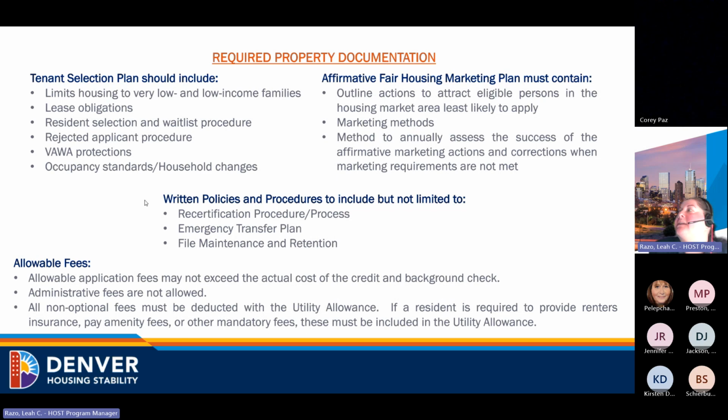Your tenant selection plan should talk about what your lease obligations are, what your waitlist policies are, what your policy is for rejected applicants, VAWA protections, violence against women, and any kind of occupancy standards or household changes.